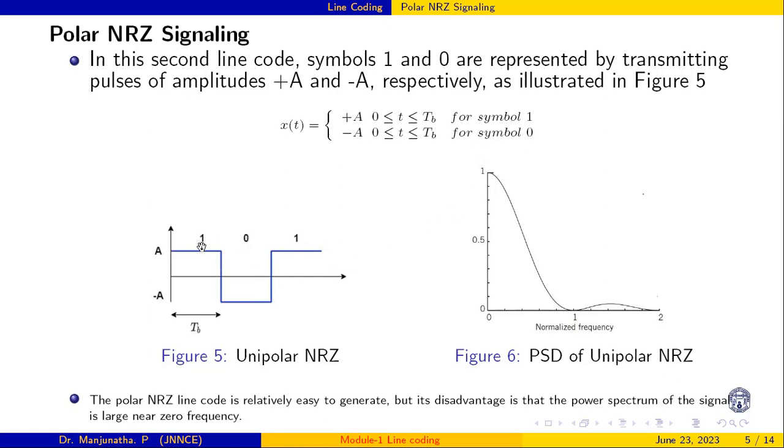For 1, plus A for the entire duration; for 0, it is minus A. And this is the plot of the power spectra. The polar NRZ line is relatively easy to generate, but the disadvantage is that the power spectrum of the signal is large near 0 frequency, which is a waste of power.